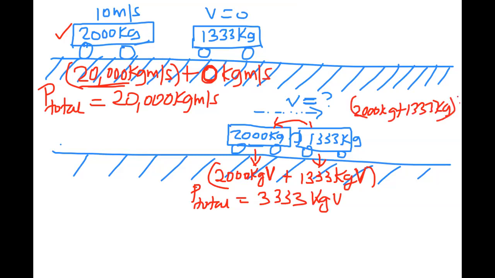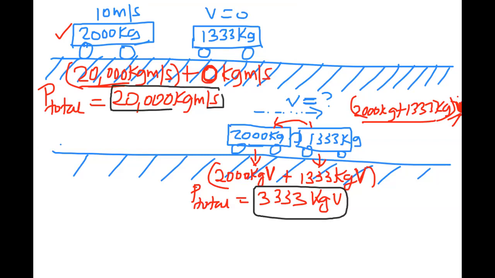I don't have enough space here. Times V. There's a V here. So small, yeah. If you add the two here, you get 3,333 kilograms times V. All right, so if conservation of momentum is to be observed, let me use a different marker, then the total momentum after collision must be equal to the momentum before.